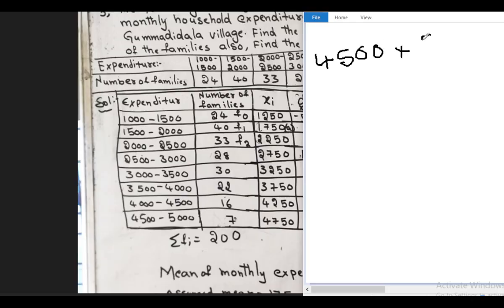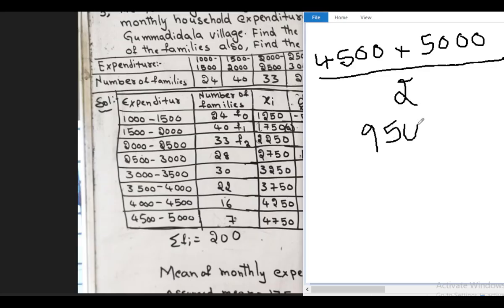4500 plus 5000 by 2, which is equal to 9500 by 2, which is 2 4s are 8, 2 7s are 14, 2 5s are 10, 0.